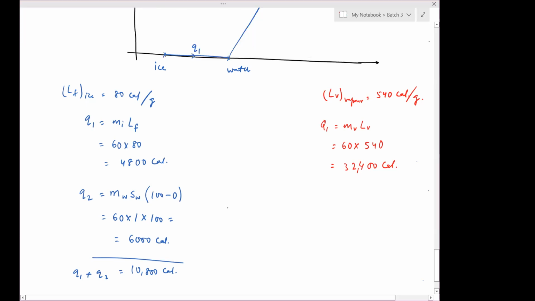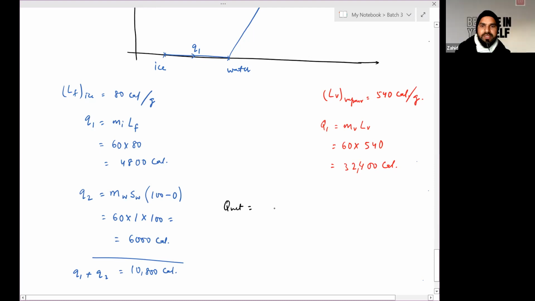So we can calculate the net amount of heat left in this system as 32,400 minus the sum of these two terms, 10,800. If you subtract these two parts, 14 minus 8, 6, 31 minus 10, 21, so 21,600 calorie.